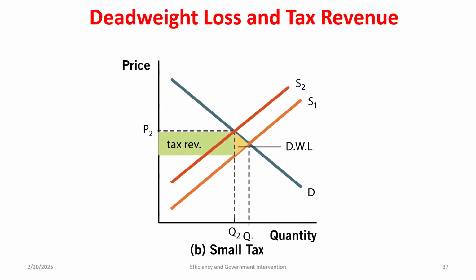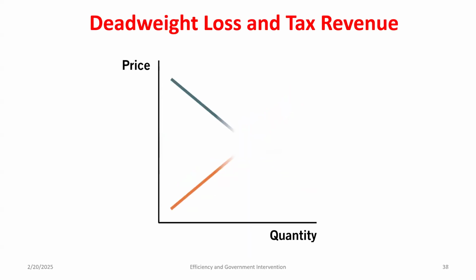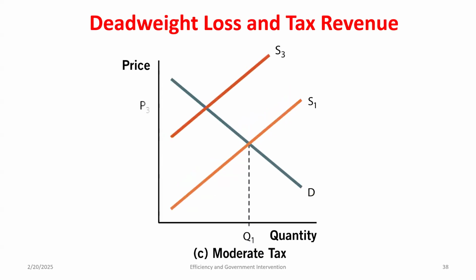Now, there's still a lot of units being sold. So even though the tax was small, if the equilibrium quantity in the market is 100 and the tax is $1, I can generate $100. Well, let's say instead I increase that tax to $2. Well, the problem is that's going to cause a greater reduction in quantity. So let's say if I increase the tax from $1 to $2, now I only see in the market, I don't know, let's say 25 units.